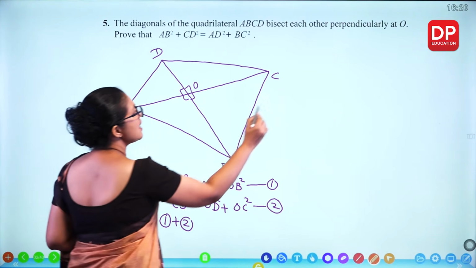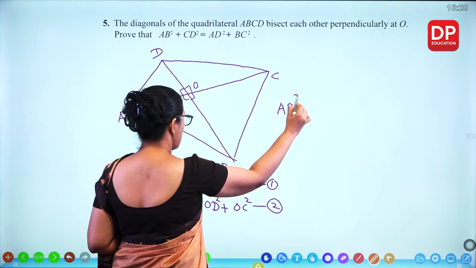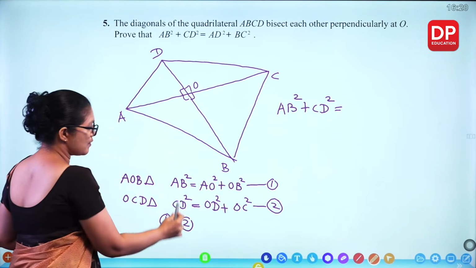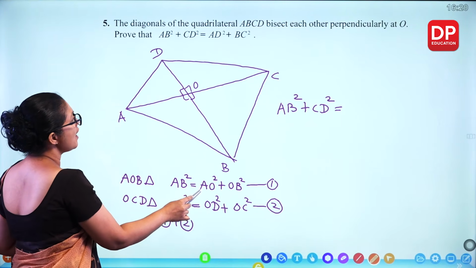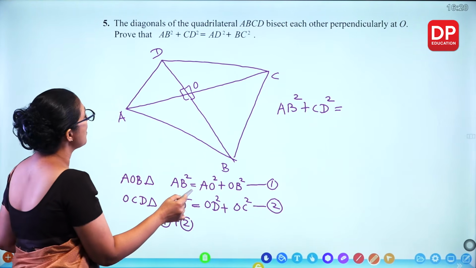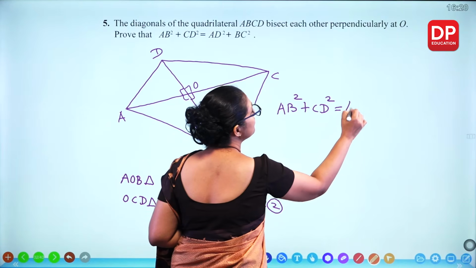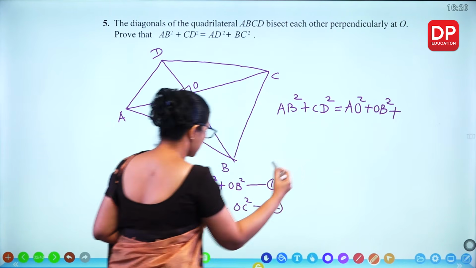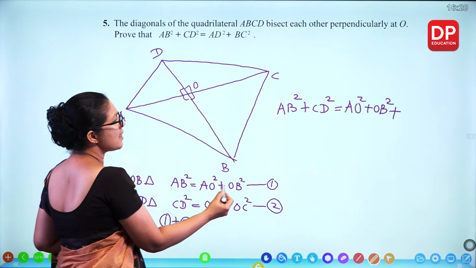I am getting AB squared plus CD squared, these two, and I am getting AO squared plus OB squared plus OD squared plus OC squared.